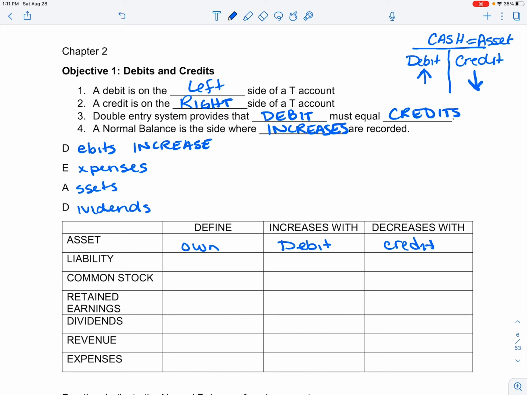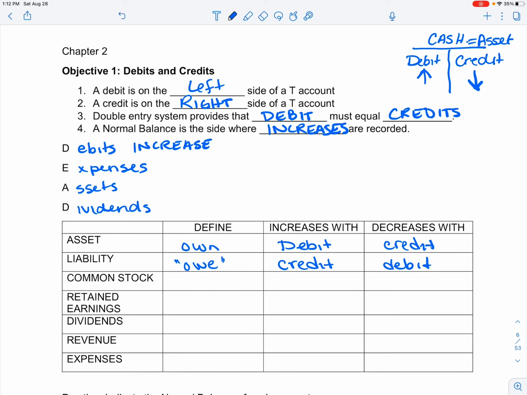Let's look at the liabilities. Liabilities, again, something we owe. Usually you see that word payable. Liabilities are not on this list here. It's not one of these where the debits increase. So we know liabilities actually increase with a credit. That means they would decrease with a debit.